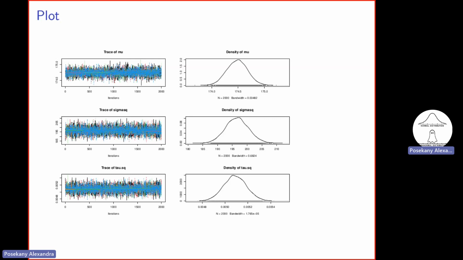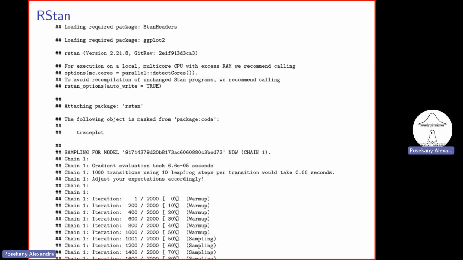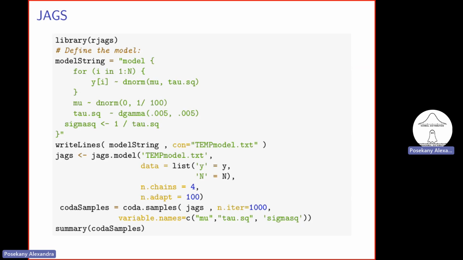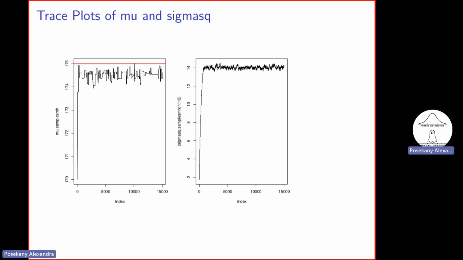So this is relevant when I'm aware that I have problems like staying longer on a value or having a very, very slow convergence.